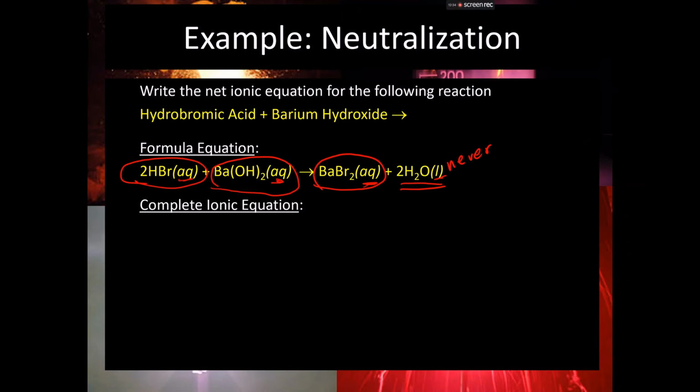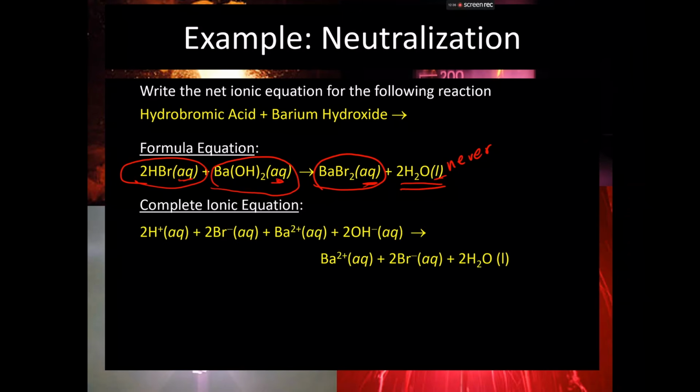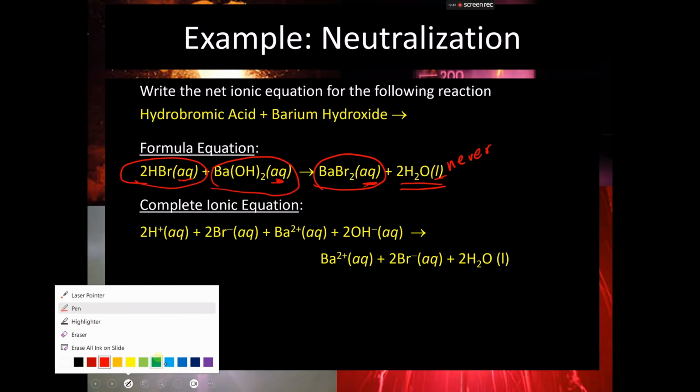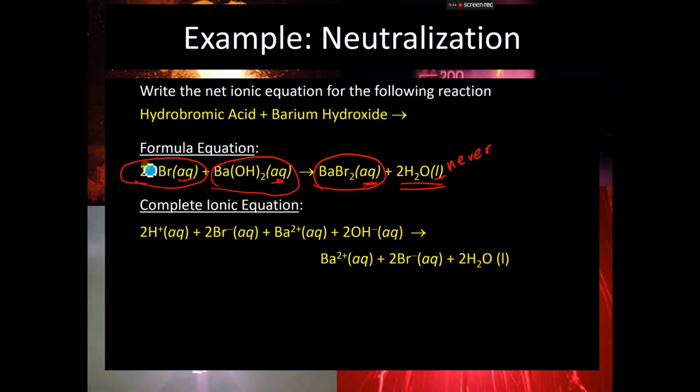So when we do our complete ionic equation, we are going to split it apart. That HBr aqueous is going to split apart, and that 2 is going to be distributed to the hydrogen and to the bromine, which is why we end up with 2H+ aqueous and 2Br- aqueous.